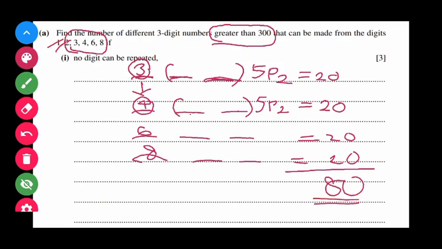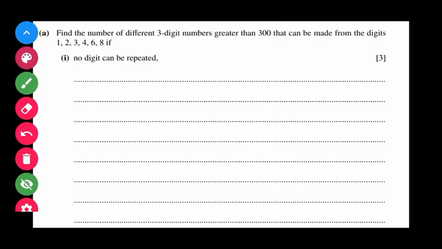The same can be done in another way. When you look at the mark scheme, this is the arrangement they have made. The first place can be either 3, 4, 6, or 8.